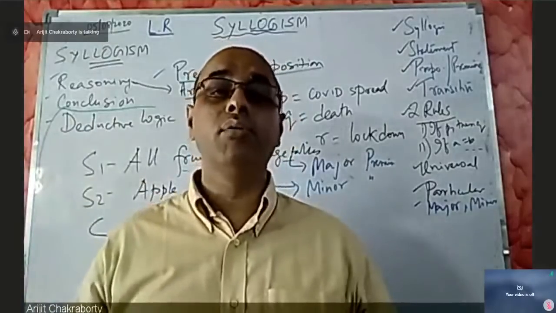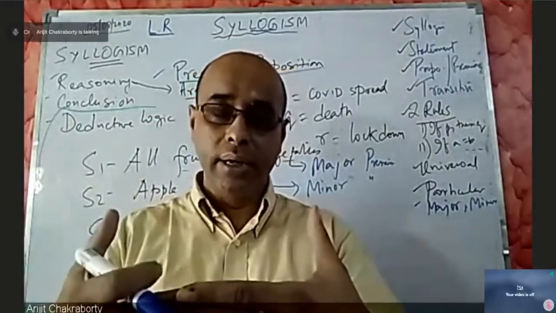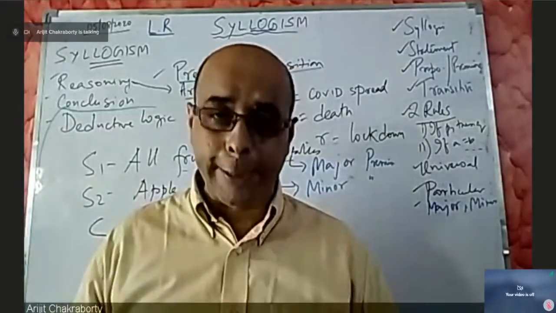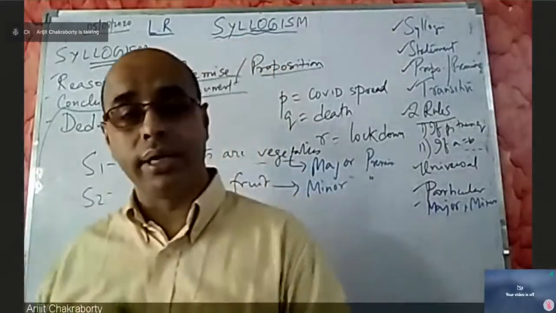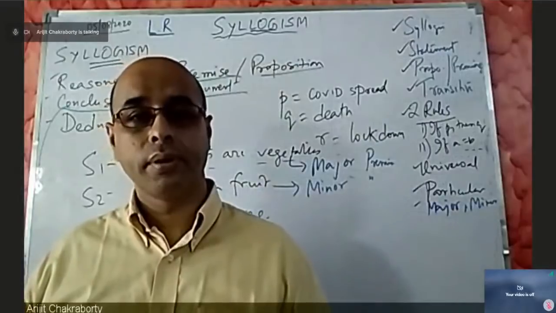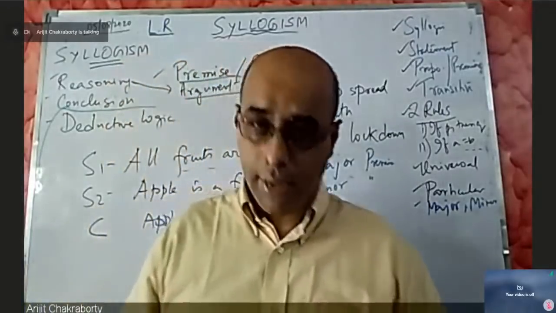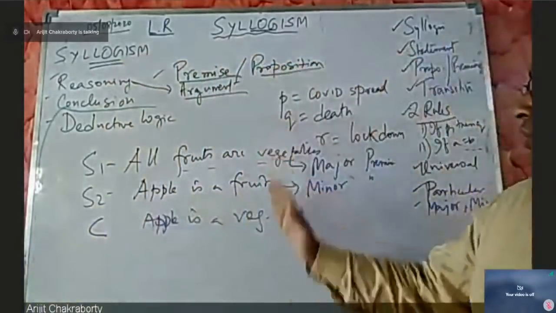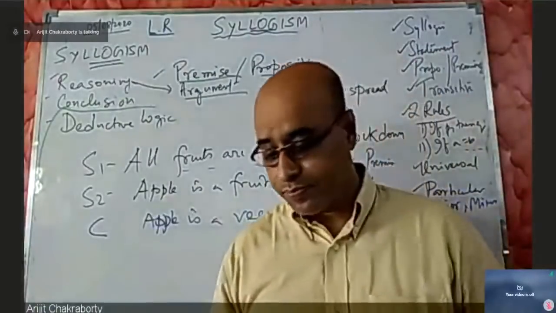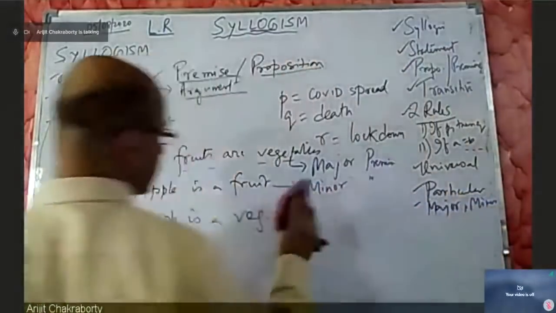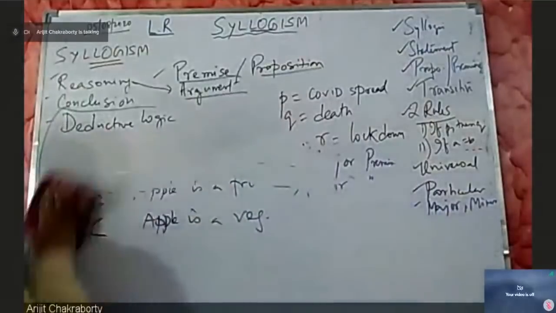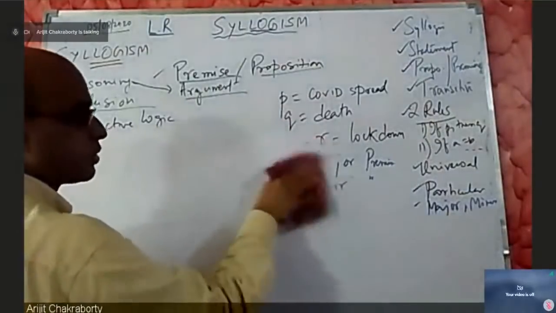Yes, because here the word is all. Everybody is included. No student is excluded. I hope you get it. Right. So this is what we call major and minor. So let's see some more examples. I request you to keep writing these examples.